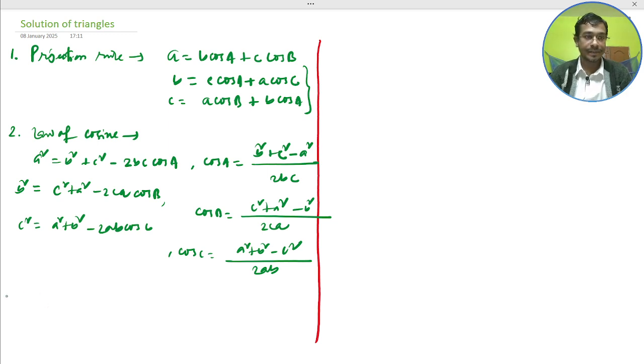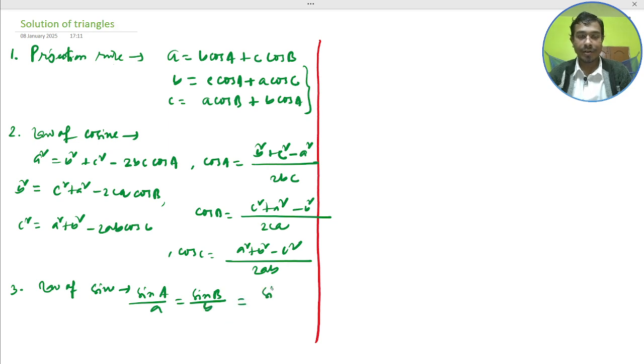Next, the law of sine. Sine A divided by a equals sine B divided by b is equal to sine C divided by c.